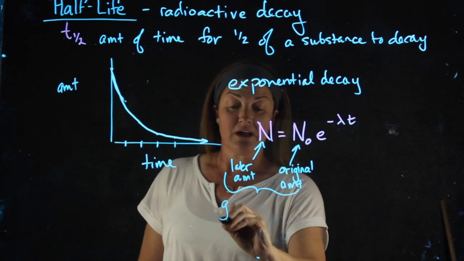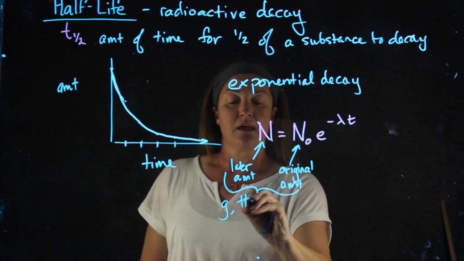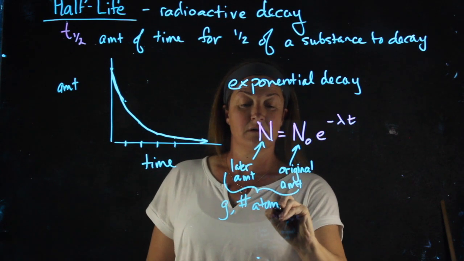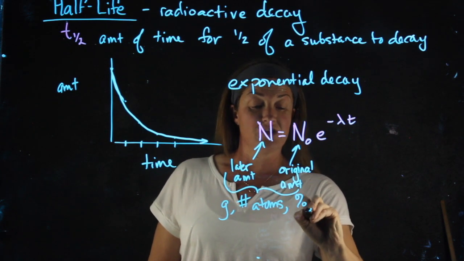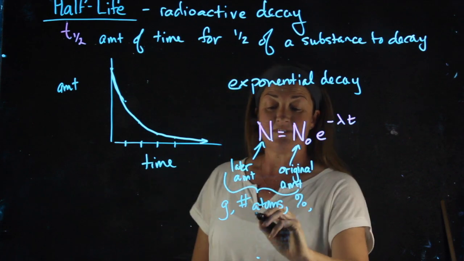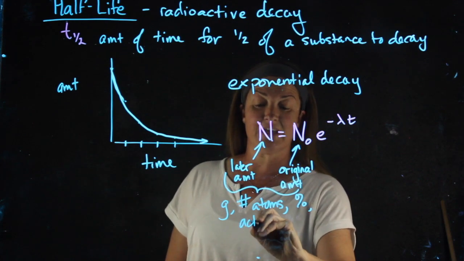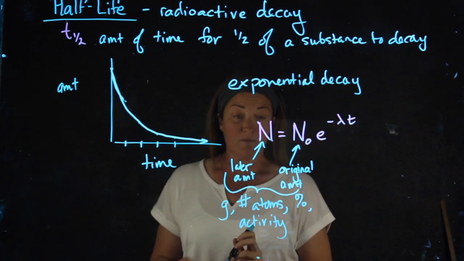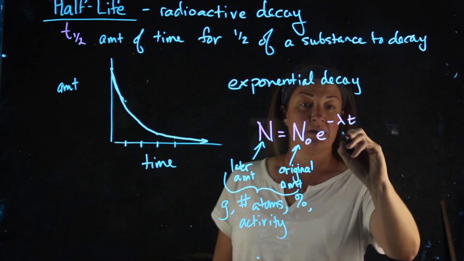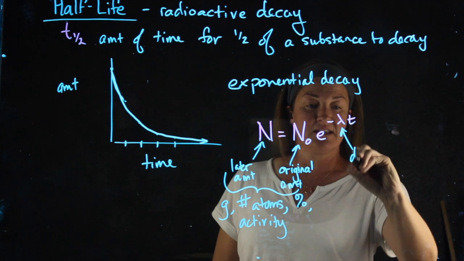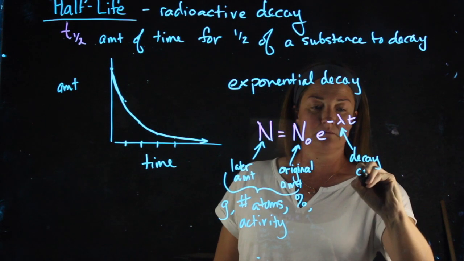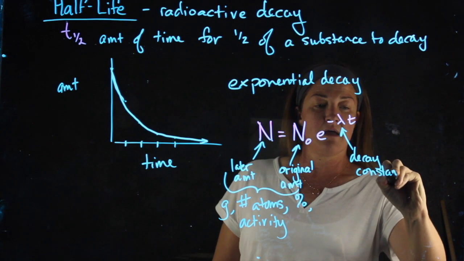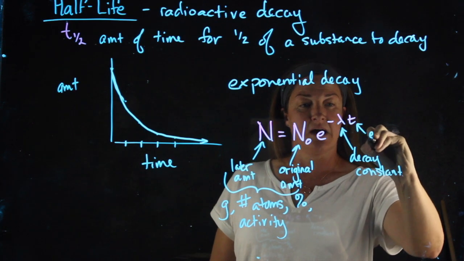So for example, it can be grams, it can be the number of atoms, it can be percentage, it can also become something we call the activity or the decay rate, which we will talk a little bit more about later. E is the natural E. Lambda is the decay constant. And T is the elapsed time.